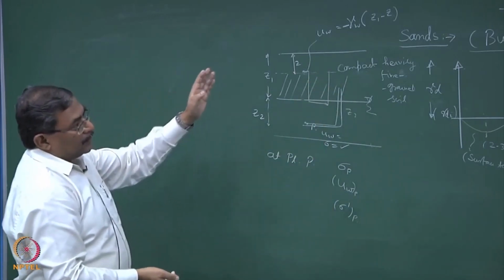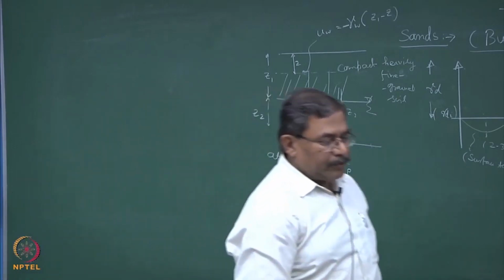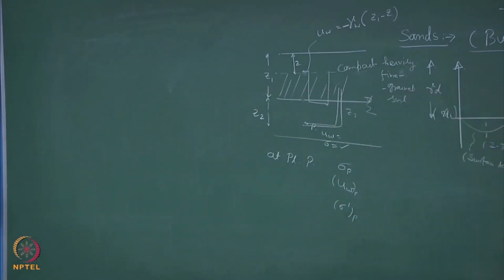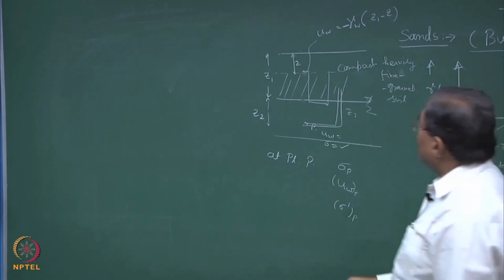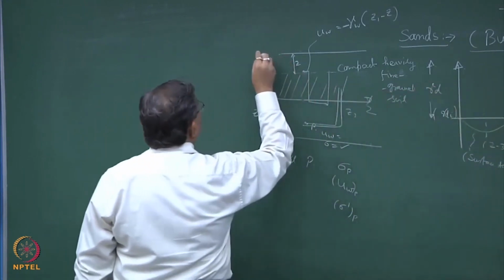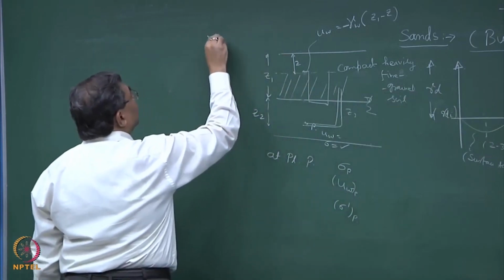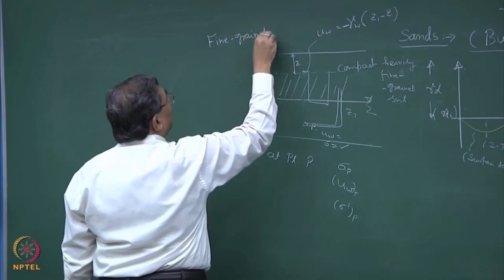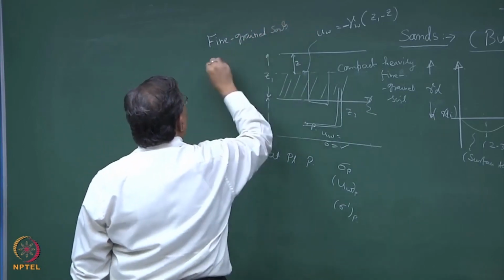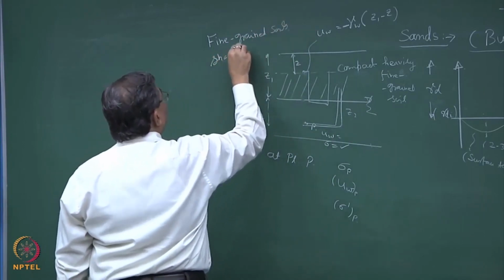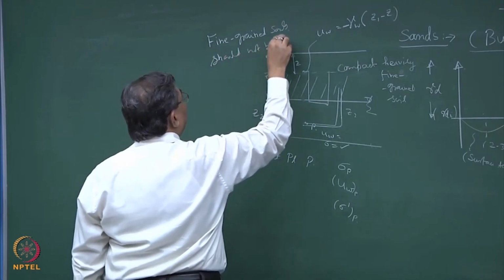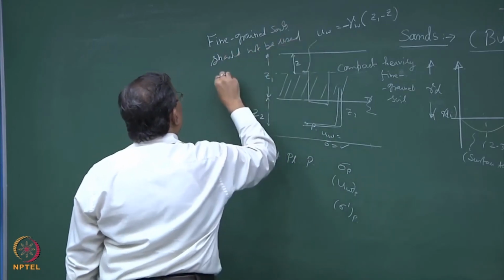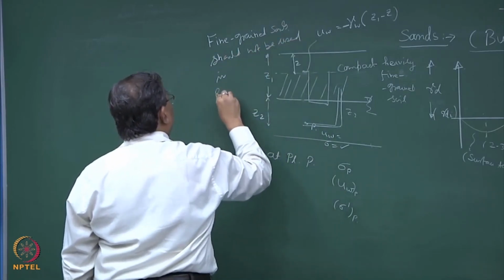This problem is a real life problem, which if you solve would teach you a very interesting lesson, that why we should not use fine grained materials in retaining wall.